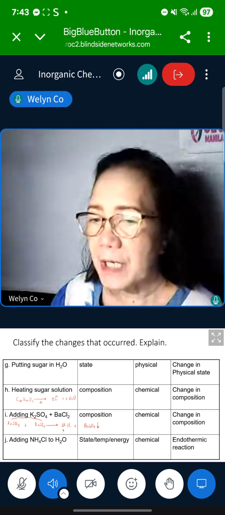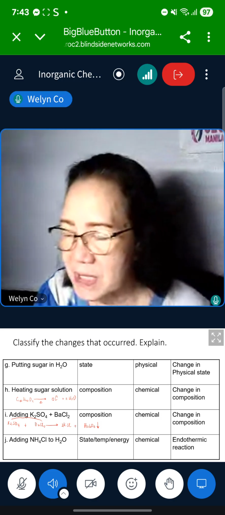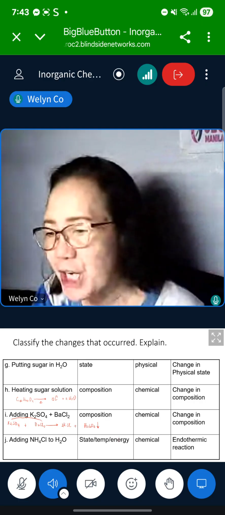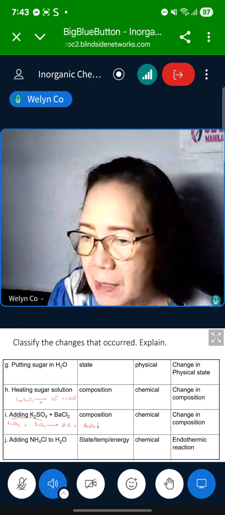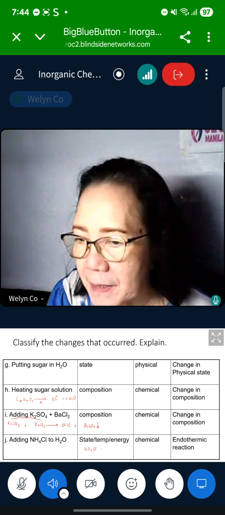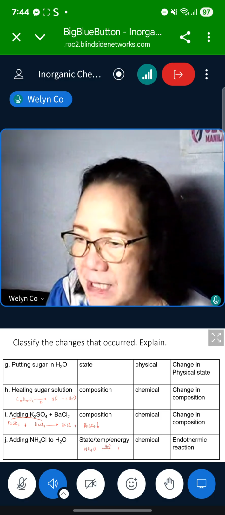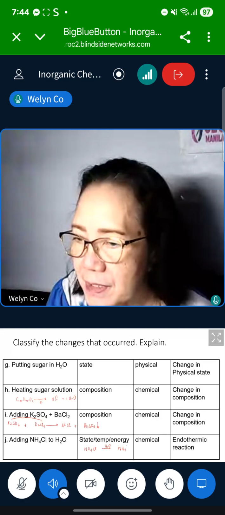So, adding yung sodium chloride to water, ito yung nagbago ay yung state, the temperature, and the energy. So, dahil pag nilagay ang ammonium chloride in water, it ionized into ammonium ion plus your chloride ion.